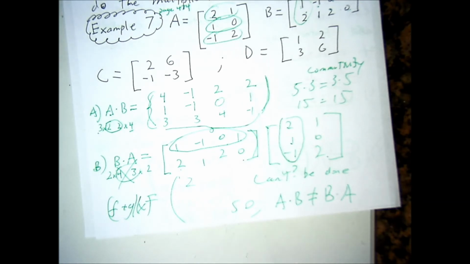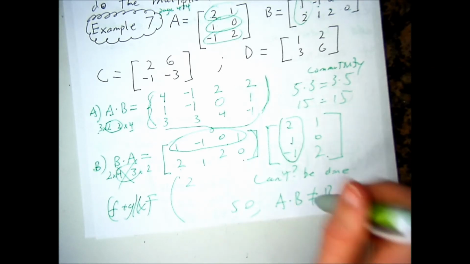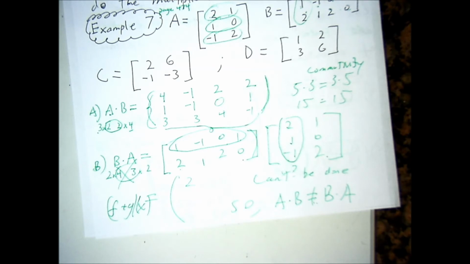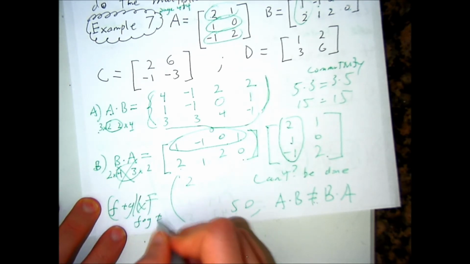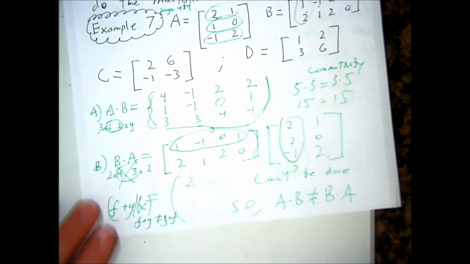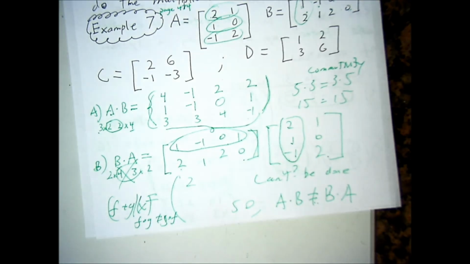Now we have a new operation, the matrix product, that's not quite like anything we've seen before with real numbers, and it doesn't have that commutativity. And function composition, f composed with g, did not equal g composed with f, if you remember. Okay, so that's that. That's pretty much it for section 6.1.